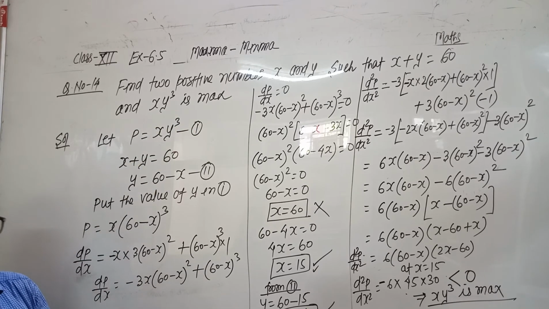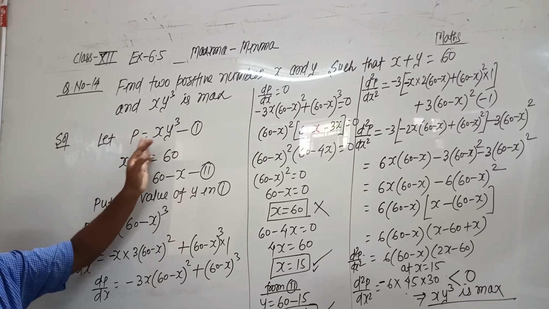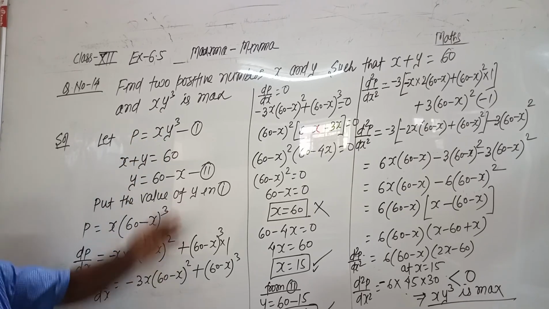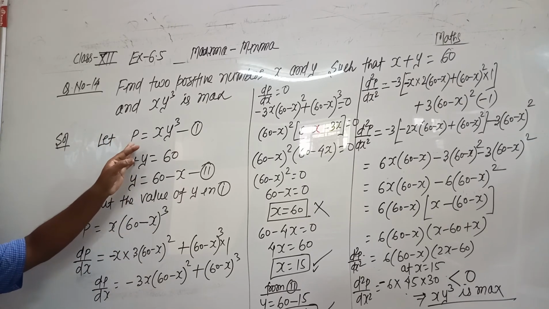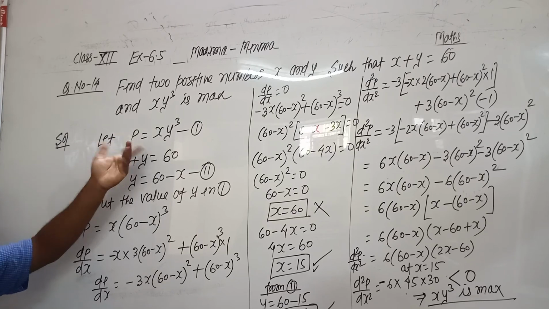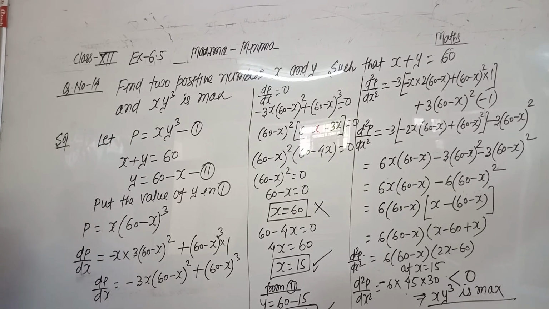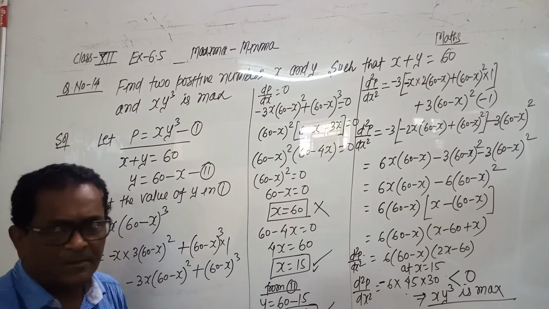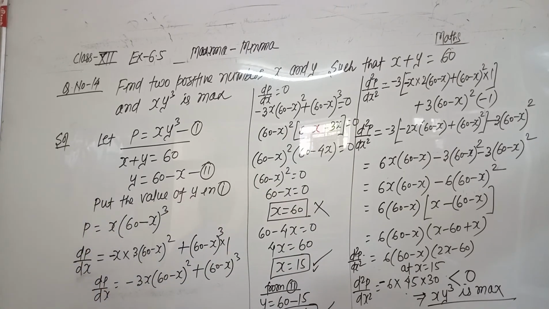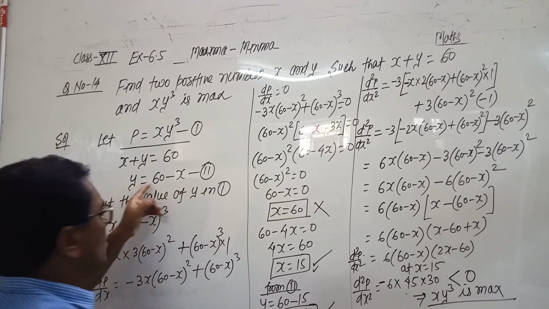So in all the questions related to word problems, what do we have to do? Firstly, we have to determine the function. The function is given, xy³. I have taken it as P. You can suppose it's z, u, v, anything. So P equals xy³, and one equation was also given, x plus y equals 60. From that equation, we eliminate the value of y.